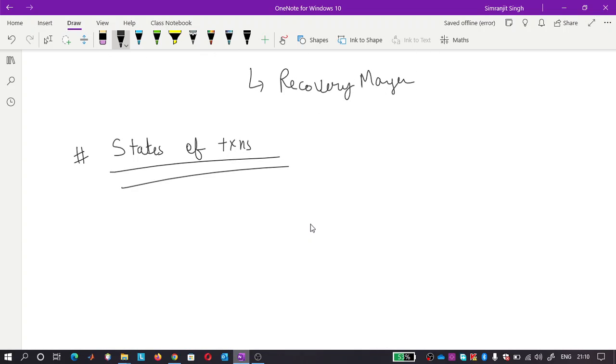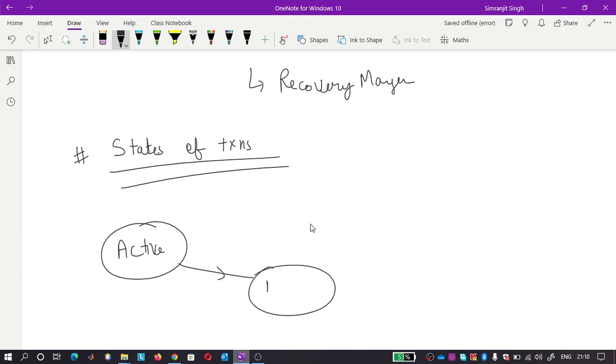Firstly, the transaction can be active, well and alive, going. Now either of two things happens: the transaction fails. If it fails, then the transaction will be completely aborted, all the values will be rolled back, all the updates will be rolled back as well.